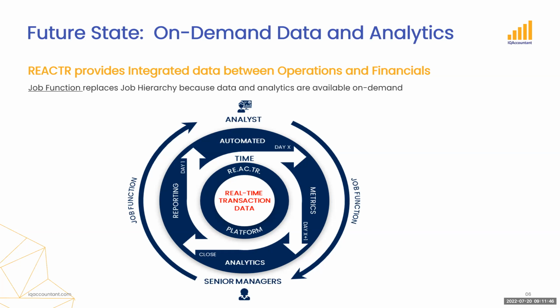And then we have an integrated data layer between operational and financial that's available across the financial period. So anytime during the period, you'll have this data available for metrics, analytics, and reporting, and it's not based on job hierarchy, but on job function. So if senior managers and analysts need that data, they should be able to access it when they need it.